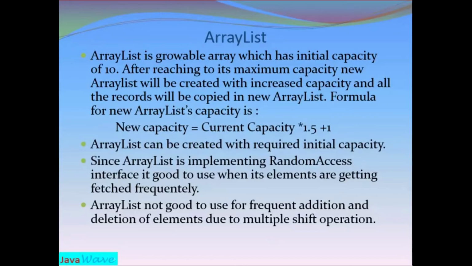Similarly for a delete operation, if I want to delete an element from the 50th position, after deletion the 51st element needs to be shifted to the 50th position, and there will again be 50 shift operations. So ArrayList is not good to use when there is frequent addition and deletion from the middle of the collection.